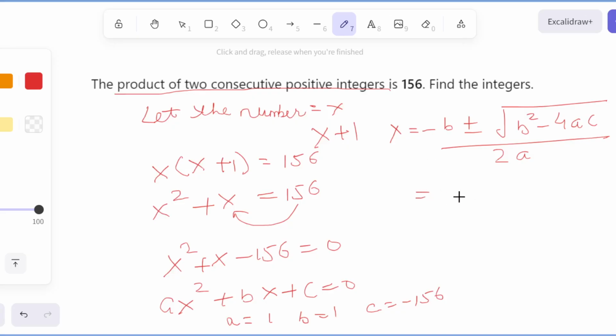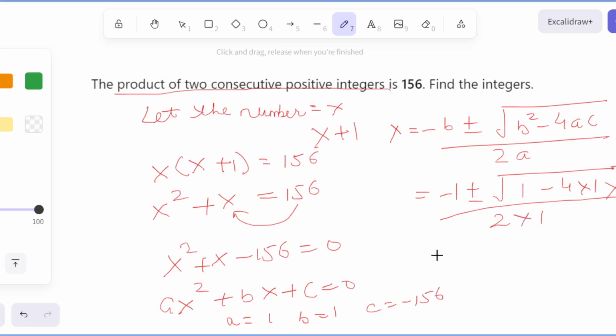So that will be equal to minus b. What is your b? 1. So minus 1 plus minus b square. B square is 1 only. So 1 square is 1, right? Minus 4 times 1 because a is also 1, times c, which is 156, upon 2a, which is 2 into 1.